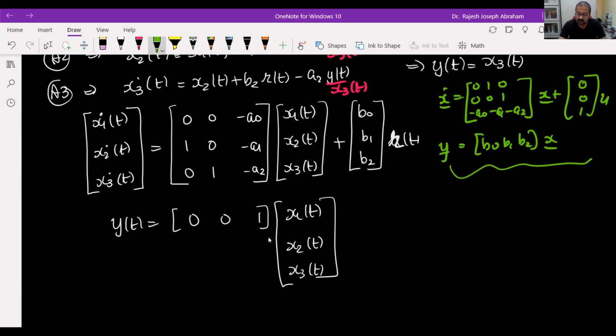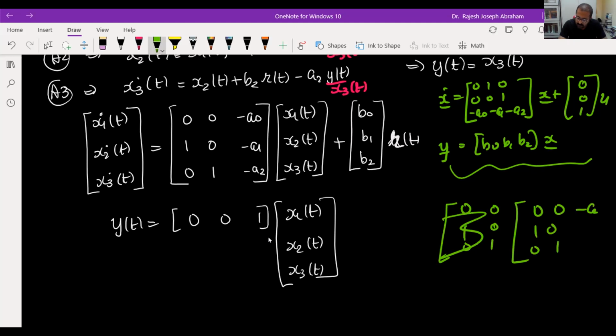Transpose means you change the columns. So this becomes 0, 1, 0, 0, 0, 1, minus a0, minus a1, minus a2. This is just A transpose.